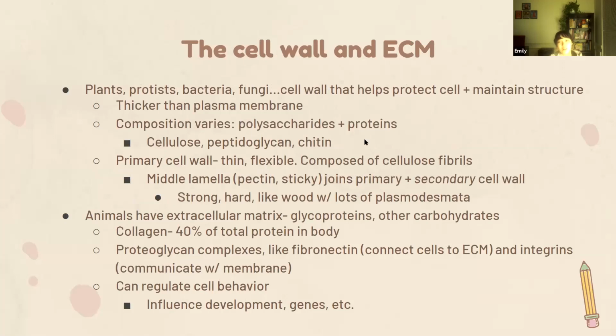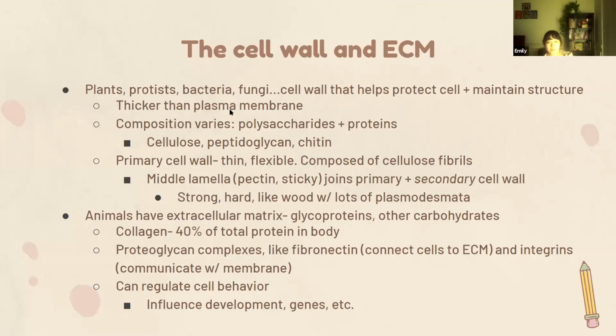Okay, cell wall and extracellular matrix. Just know that plants, protists, bacteria, and fungi all have cell walls, and cell walls help maintain structure. They're made out of different things. Plants have cell walls made out of cellulose, bacteria have peptidoglycan, and fungi have chitin.